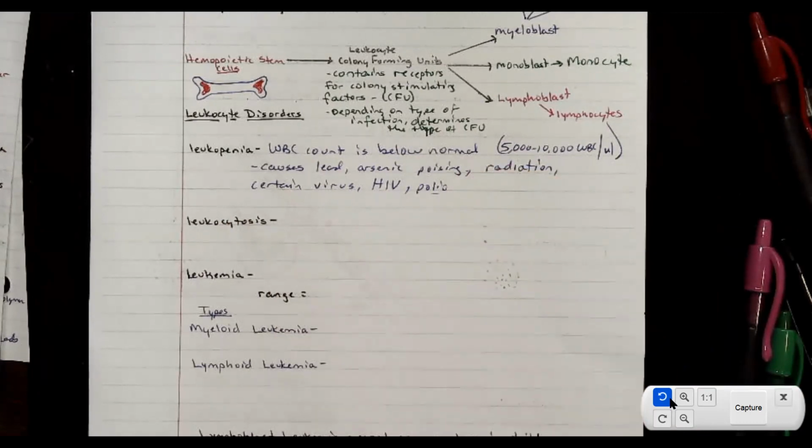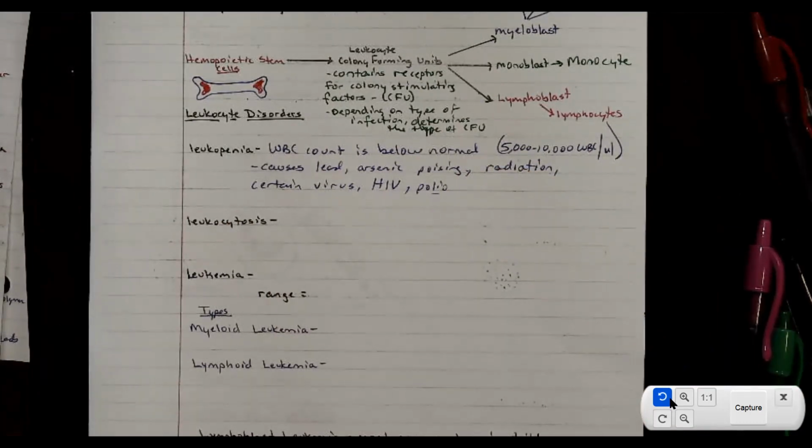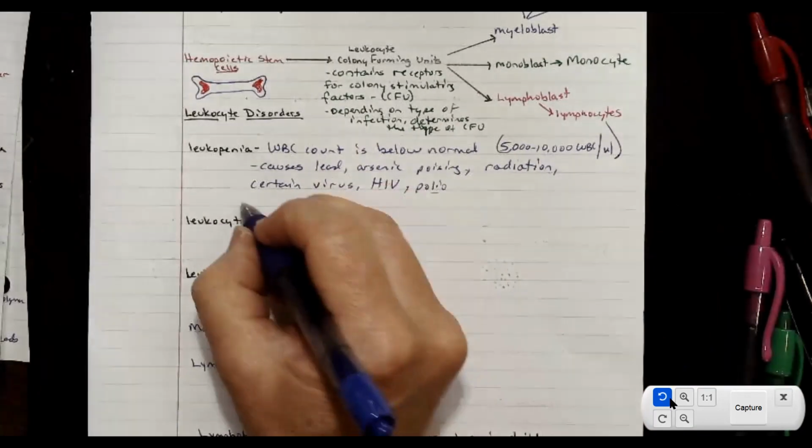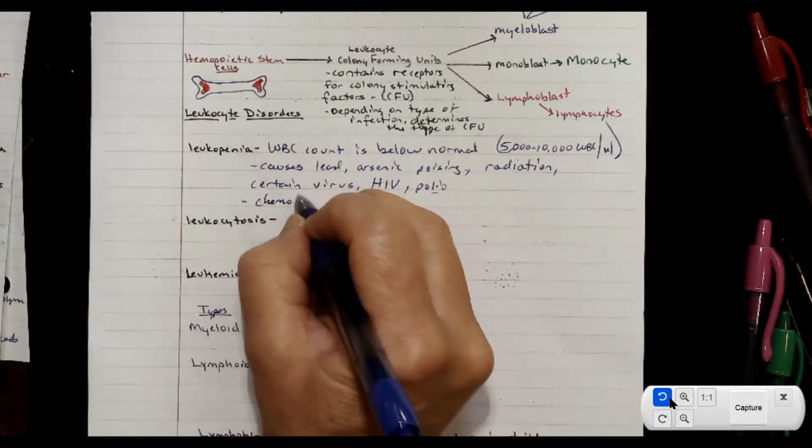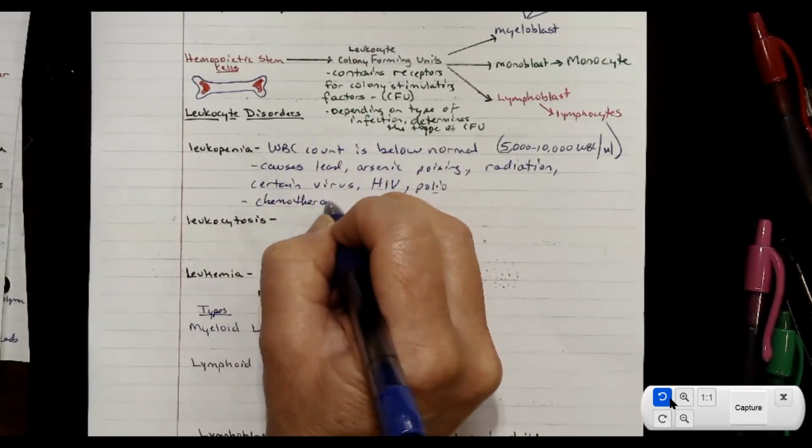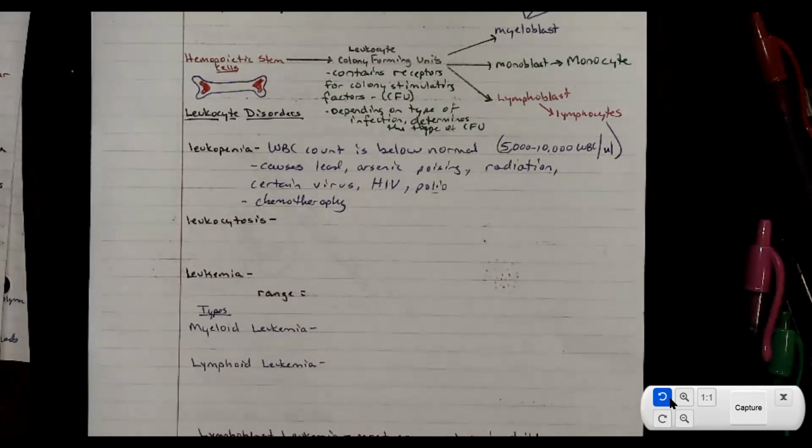So if there's a low count, they're going to look for these types of disorders. Chemotherapy can also cause a depression in the white blood cell count.